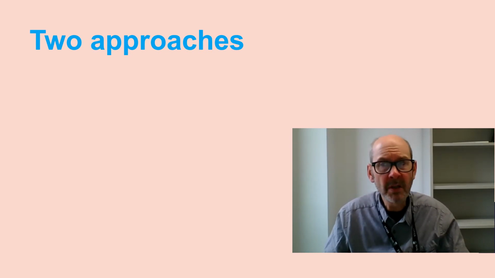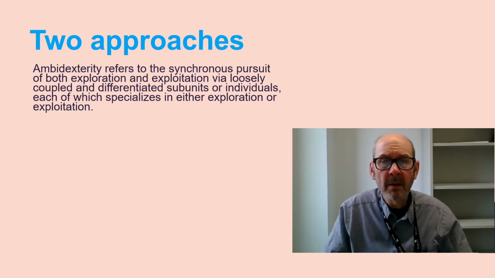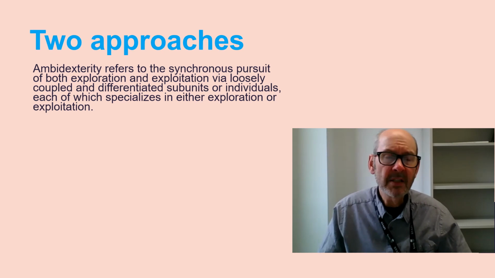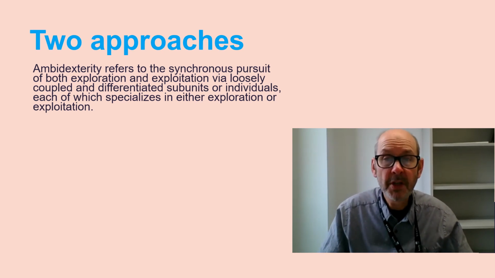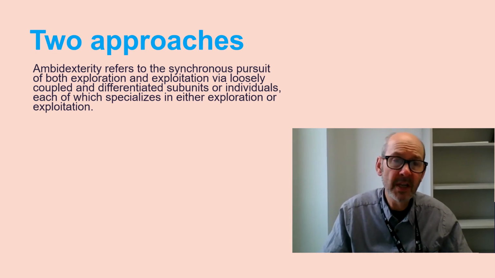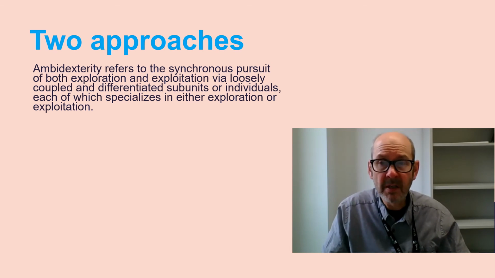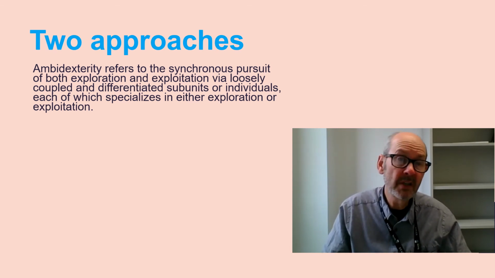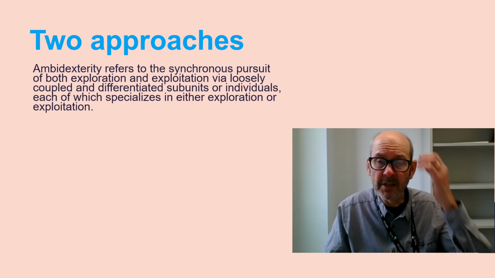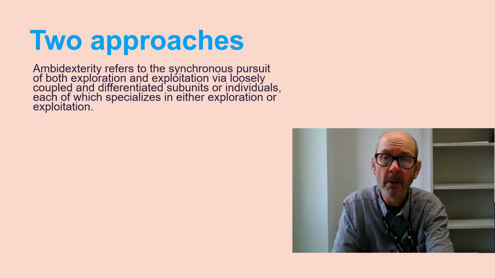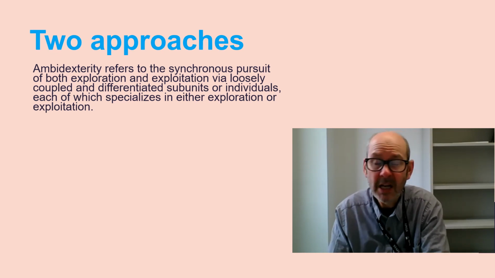There are two approaches to this ambidextrous process. Ambidexterity refers to the synchronous pursuit of both exploration and exploitation via loosely coupled and differentiated subunits or individuals, each of which specializes in either exploration or exploitation.